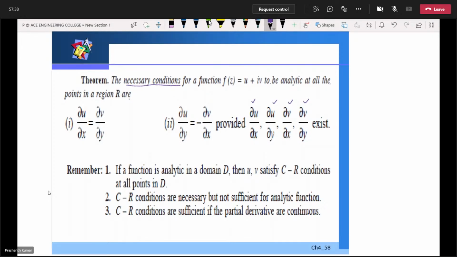If these partial derivatives are not continuous, then for the function, the Cauchy-Riemann equations are only a necessary condition. It is not sufficient for CR equations. So I will discuss some problems on this one, then you will understand this concept very simply.